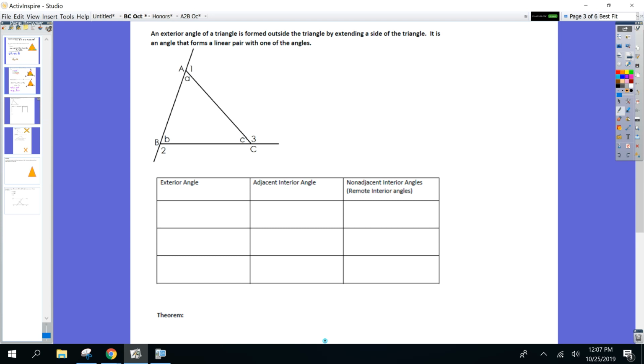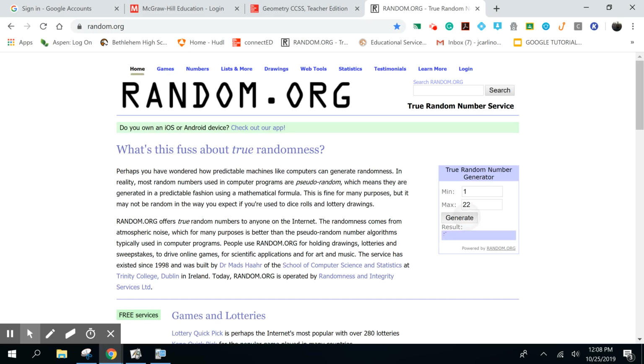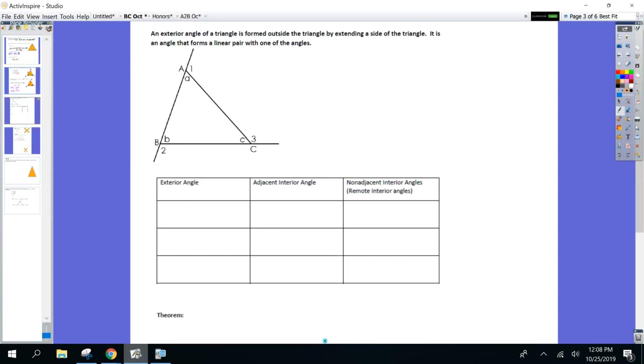So I need one person here to let me know, out of all these angles in my diagram, which one would you consider an exterior angle? Name it. Angle 2, definitely exterior.